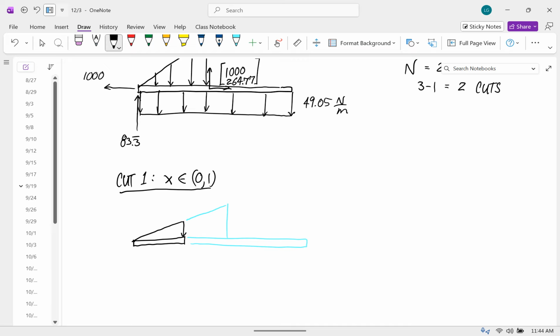So we have this part of the triangular distributed load. This upward force of 83.3 newtons. And then we have the uniform distributed load representing the weight. This is 49.05. And then we have our internal loads.